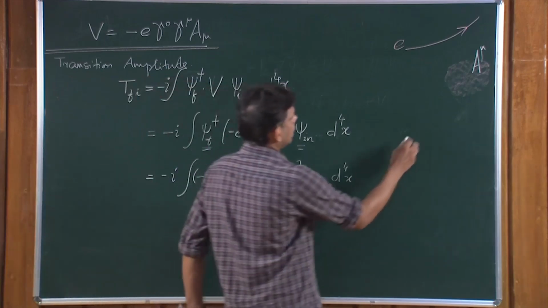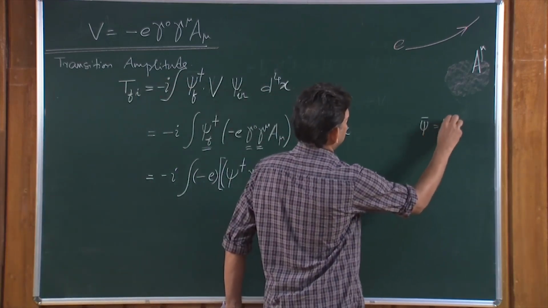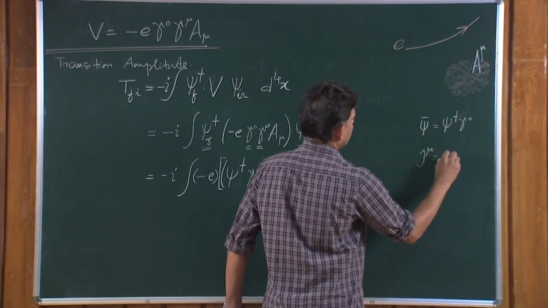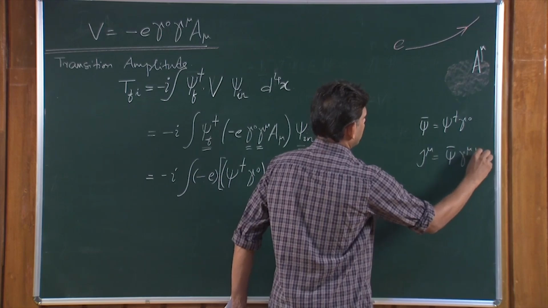But I know psi bar is equal to psi dagger gamma 0 and j mu is equal to psi bar gamma mu psi.